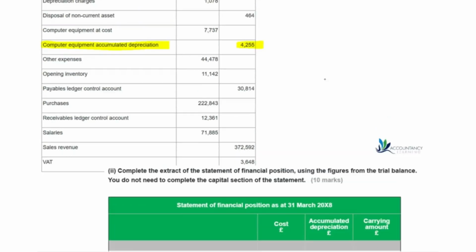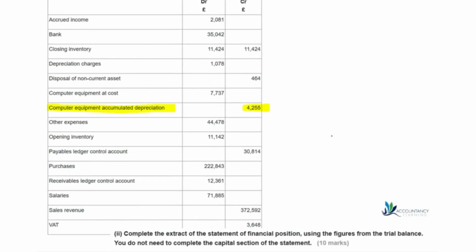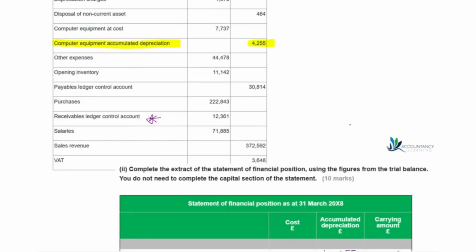So for the current assets, we are going to be looking at accrued income. We're going to be looking at the bank, our closing inventory, and our receivables ledger control account. They are going to be the assets, the current assets that we need to put into the statement of financial position.